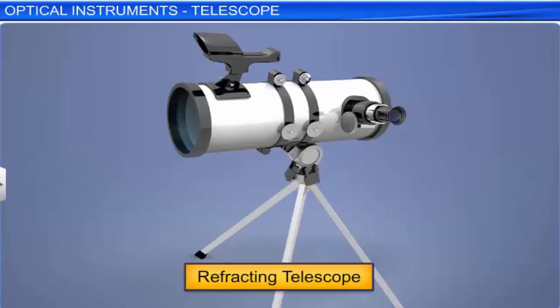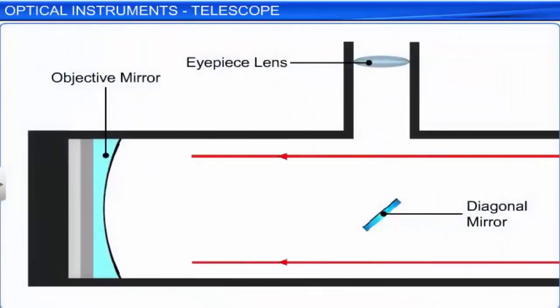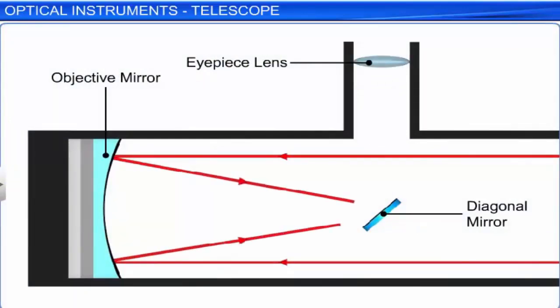The reflecting telescopes use an objective mirror at one end of an open tube, which reflects light back to a smaller diagonal plane mirror to bring the collected light to the eyepiece positioned at the side of the tube. Some of the advantages of reflecting telescopes are: as there is no chromatic aberration for mirrors, it is completely eliminated in reflecting telescopes.